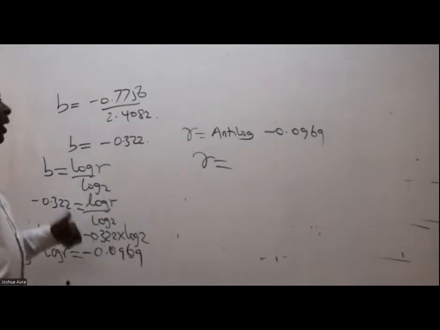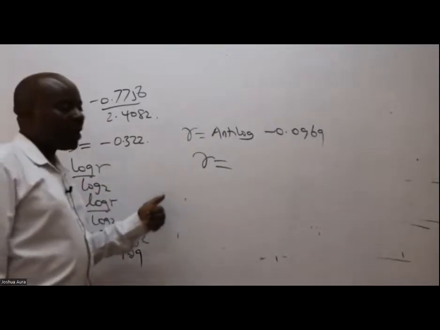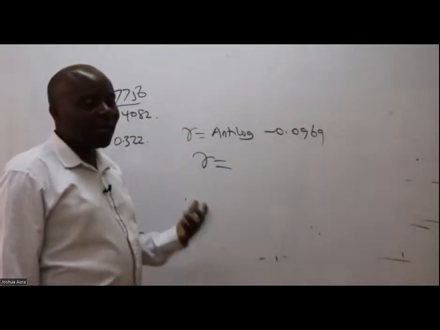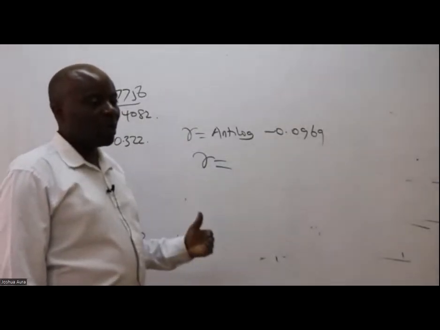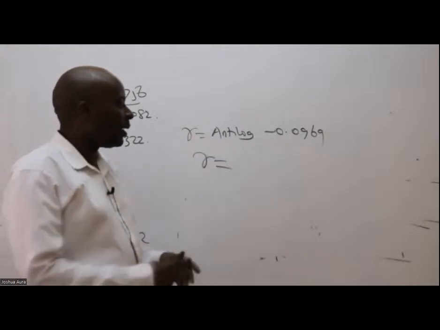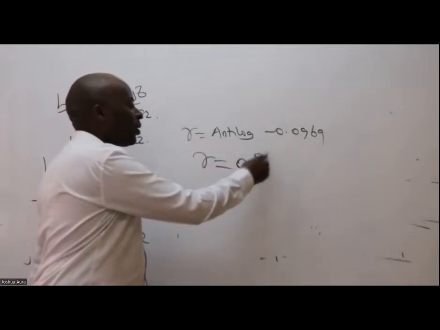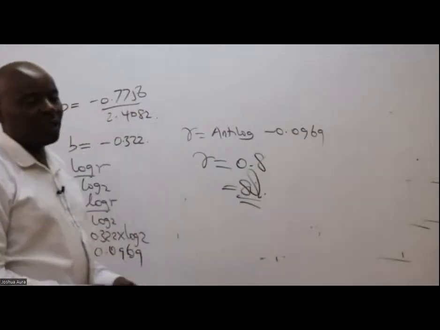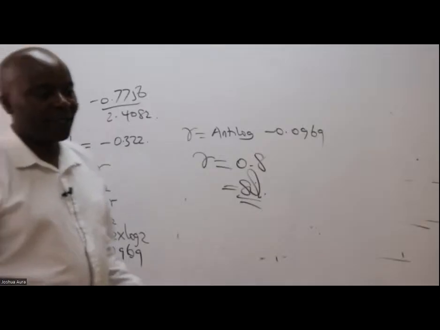When it crosses over, it becomes an antilog. So then my R will be equal to antilog of this number. And how do I get antilog? I'll be forced here to say shift logarithm, this number, which you guys will be able to get something close to 0.8, which is 80%.